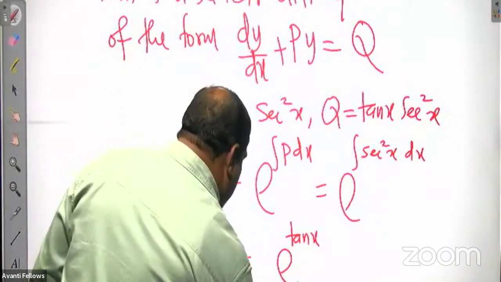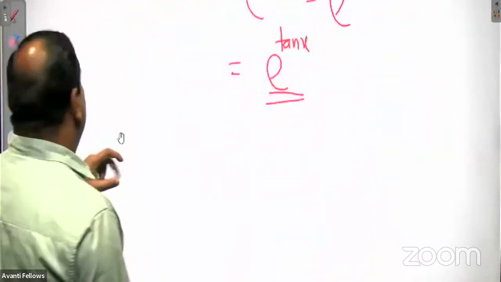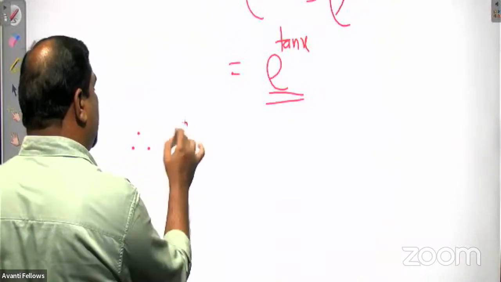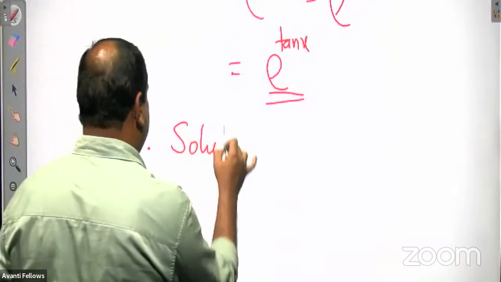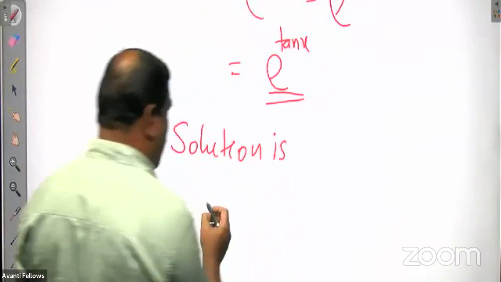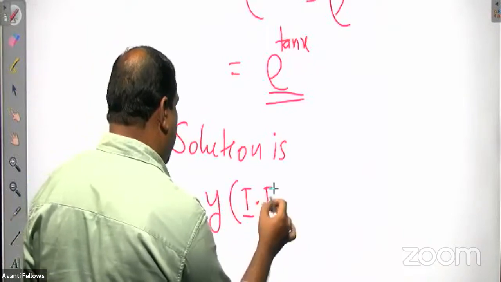The integrating factor is ready now. Now we have a ready-made solution; just apply that solution. What is the solution? Therefore, the solution is y into integrating factor. We have to learn this formula by heart.